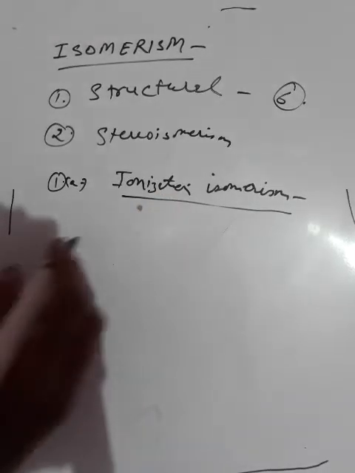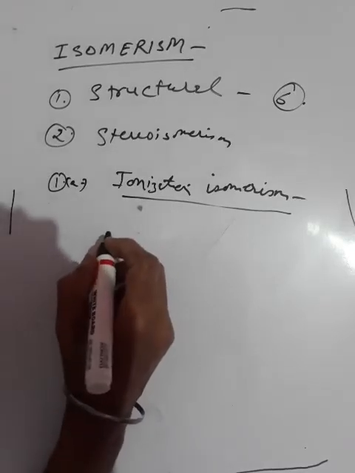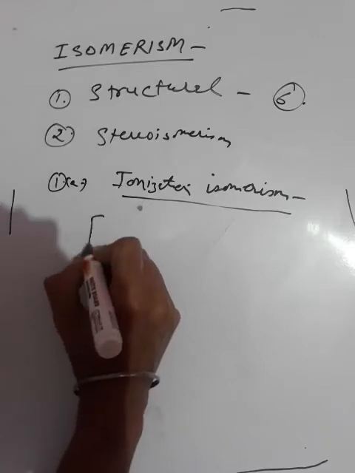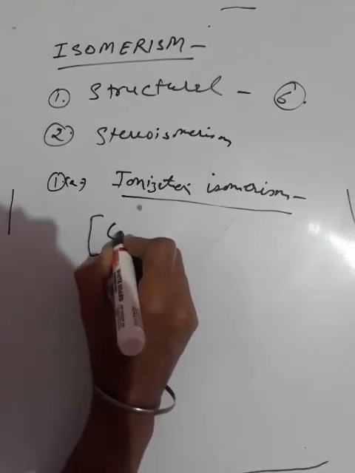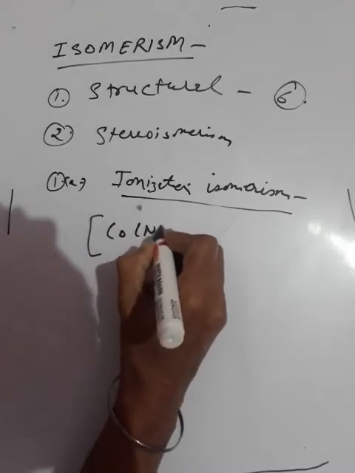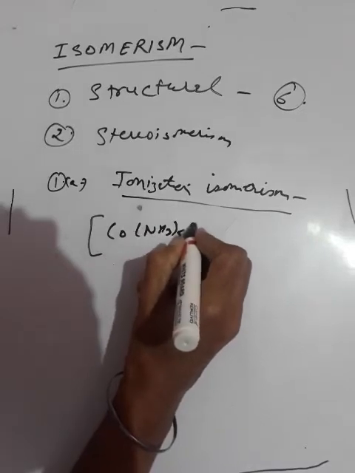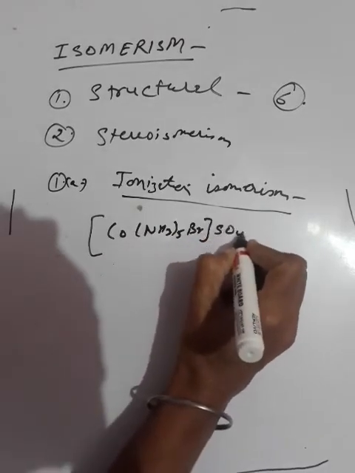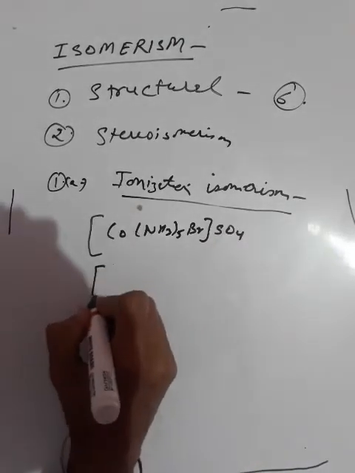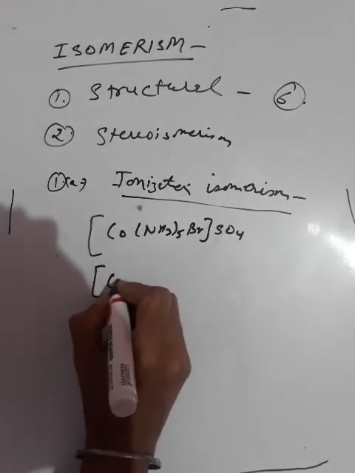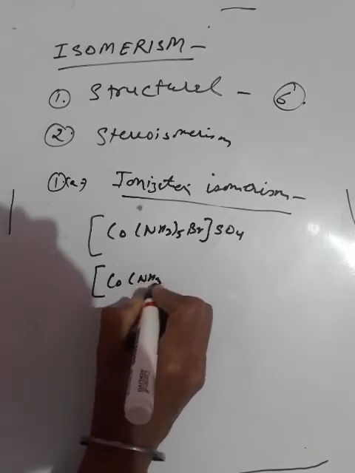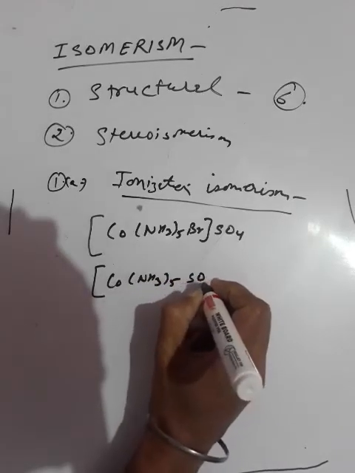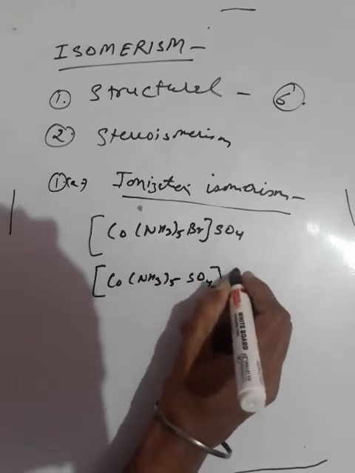For example, we are taking here the example of the compound [Co(NH3)5Br]SO4 and [Co(NH3)5SO4]Br.